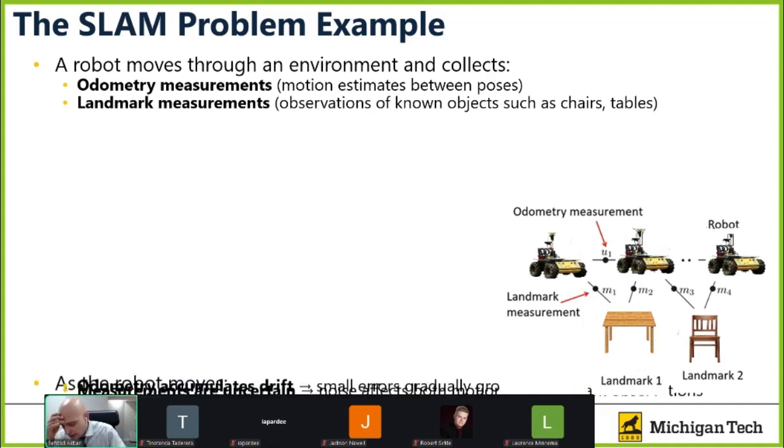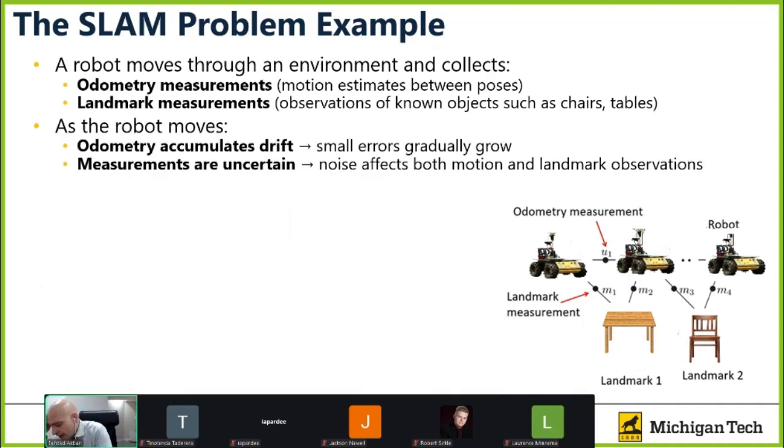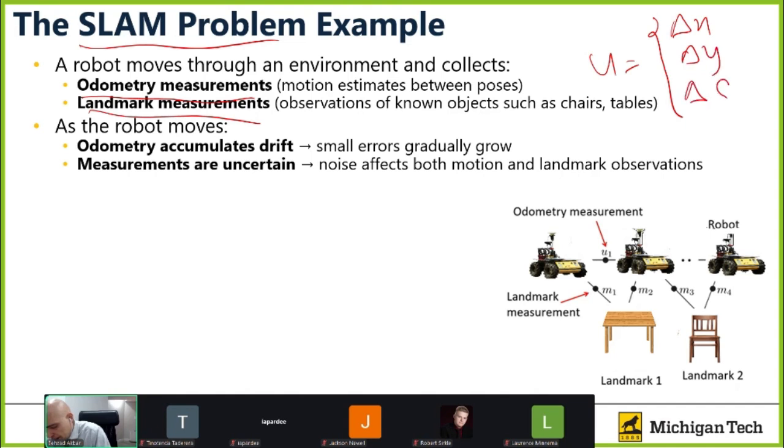Last class we talked about this example. We called it a SLAM problem, but this is a very toy example problem. So a robot is moving, and there are two measurements. We have odometry measurements. Odometry just gives you delta. It gives you u, and this u is delta x, delta y, and delta theta, where theta is the angle of the robot.